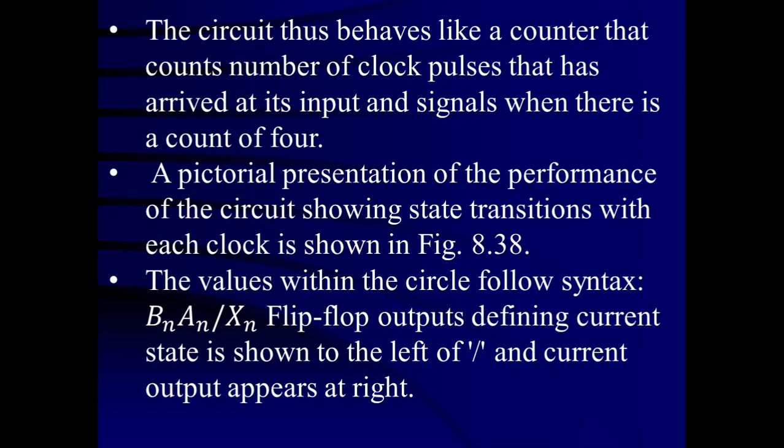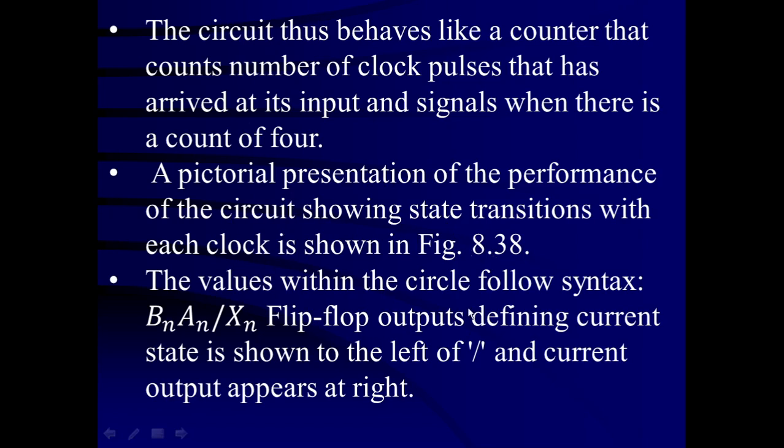A pictorial representation of the performance of the circuit showing a state transition with each clock is shown in figure 8.38. The same analysis can be shown in a state transition diagram in figure 8.38.